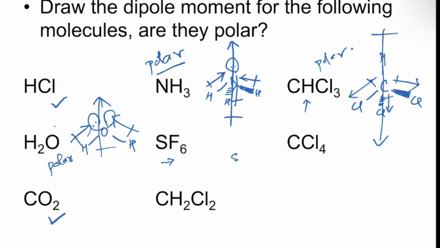In SF6, it's an octahedral molecule, so it's symmetrical. Between sulfur and fluorine, fluorine is more electronegative. So these dipole moments kind of look like this.